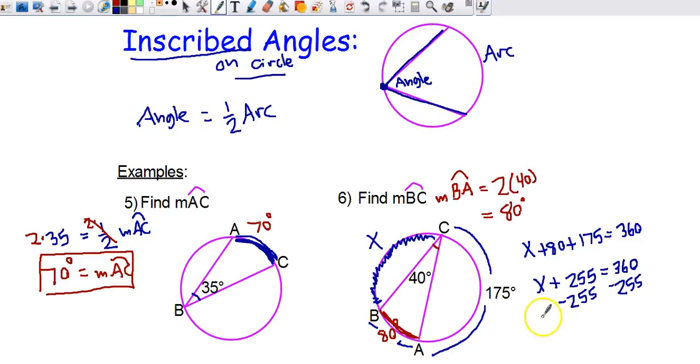And you're going to get 105. So your arc here is 105 degrees. That's arc BC. Again, those are inscribed angles. They're drawn on the circle. They're simply half the arc.